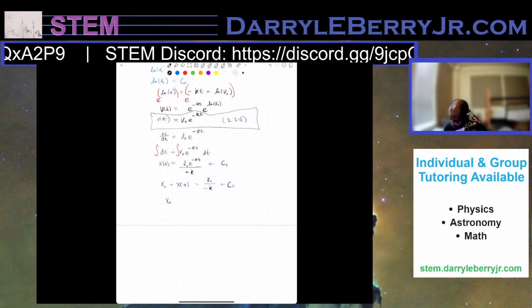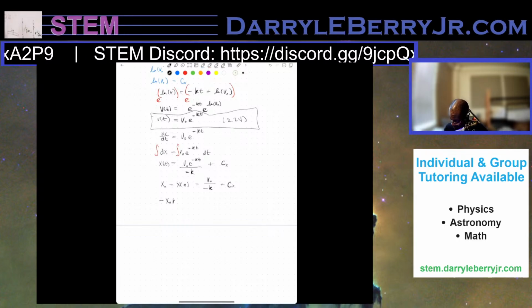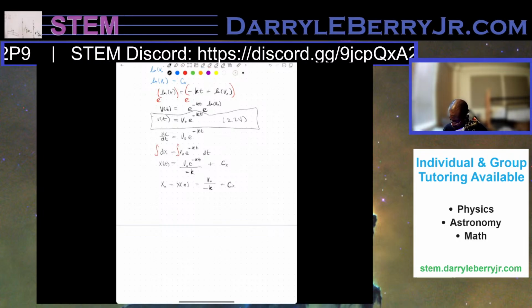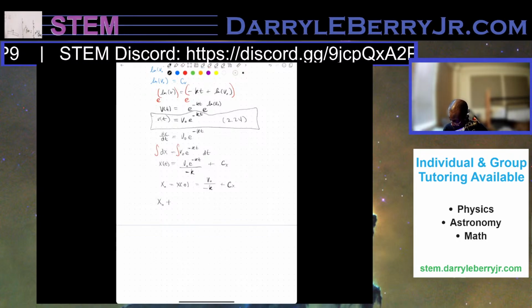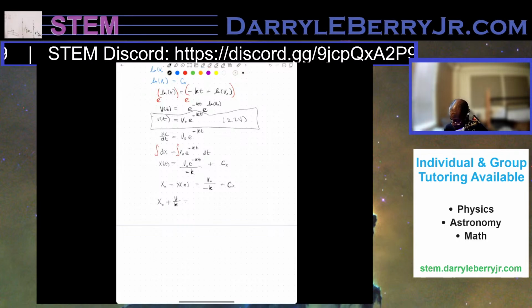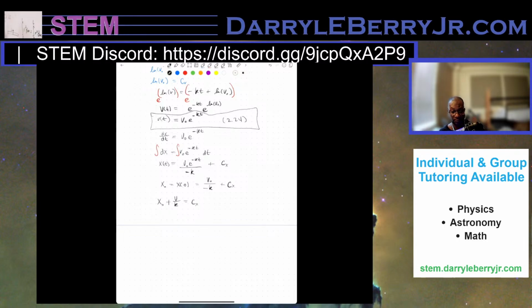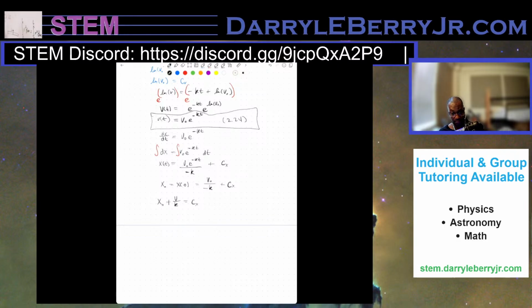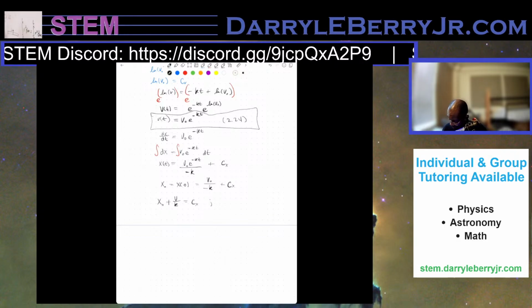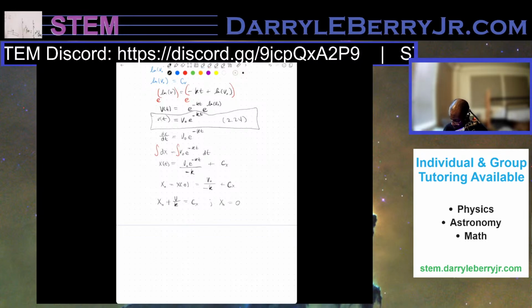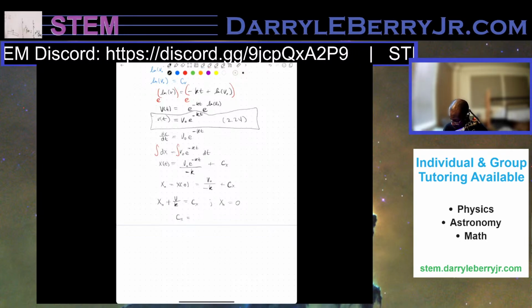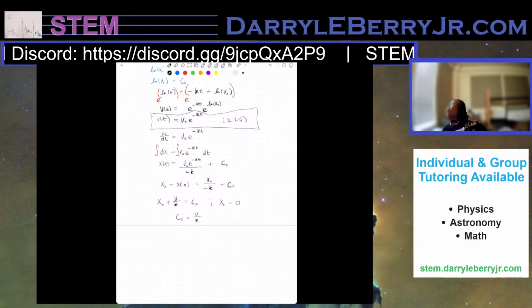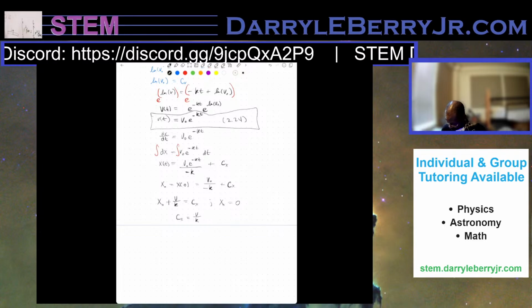So x naught, negative x naught k over v naught. Hold up, subtract. So x naught plus v over k equals cx. See if I did that right. And if I define x naught equals 0, cx equals v naught over k.